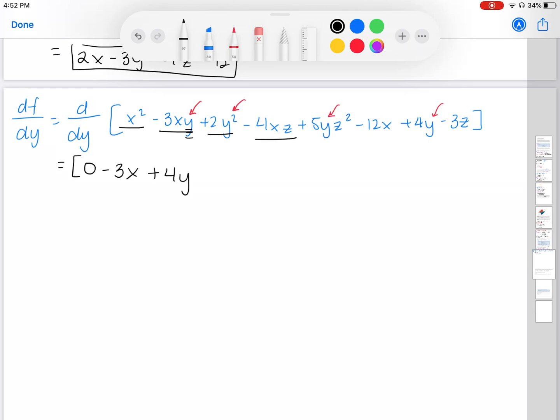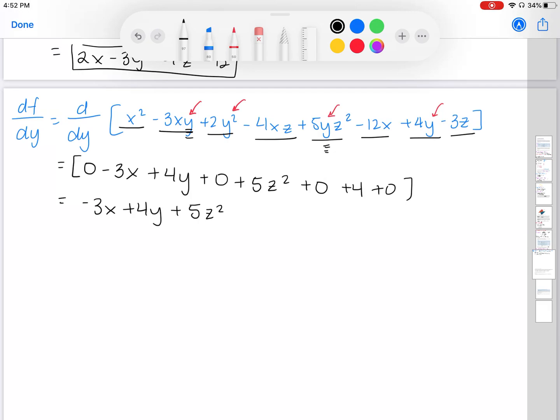Minus 4xz, there is no y, so that's a constant. 5yz squared, the derivative of y is 1, so plus 5z squared. Minus 12x, no y, thus the derivative is 0. Plus 4y gives plus 4. Minus 3z, no y, so it's 0. So our answer is negative 3x plus 4y plus 5z squared plus 4.